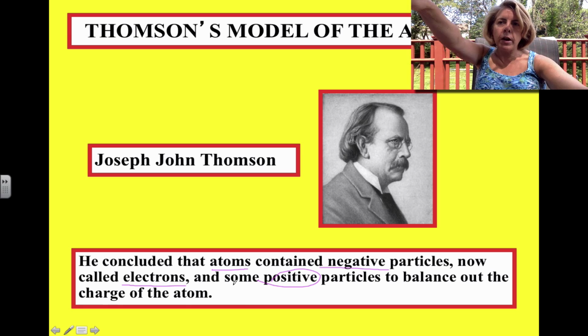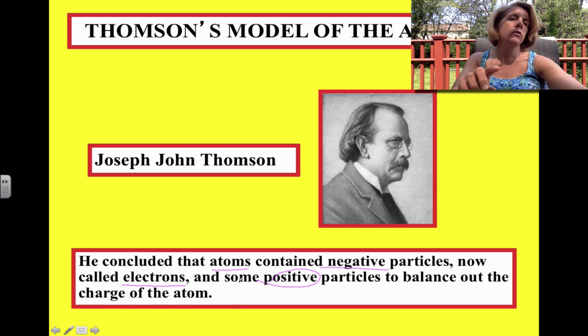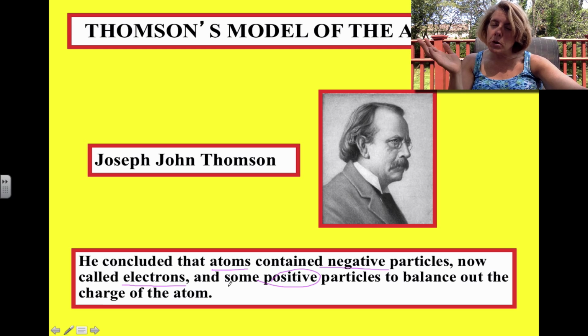If everything we touched was negatively charged, we would get a zap. And J.J. Thomson observed that that did not happen all the time. Now granted, in the wintertime, you may notice when you're walking on the carpet and you're dragging your feet that you can touch a friend and they'll get zapped. Okay, well that's a different situation. But overall, mostly everything is neutrally charged.